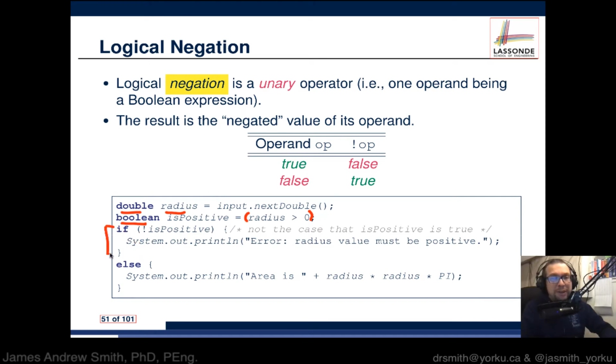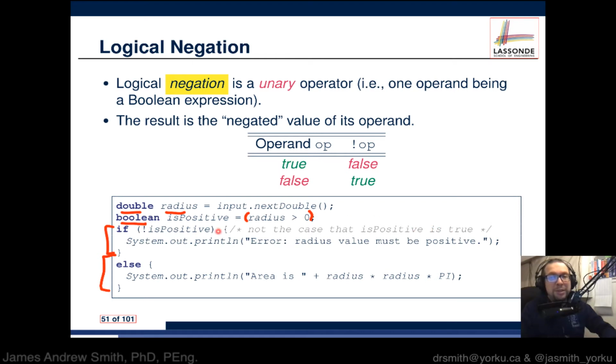Now there's an if statement right here with the corresponding else that goes along with it. And here, the question becomes, execute the print line only if the result of isPositive is false. So basically, if it's not the case that isPositive is true.